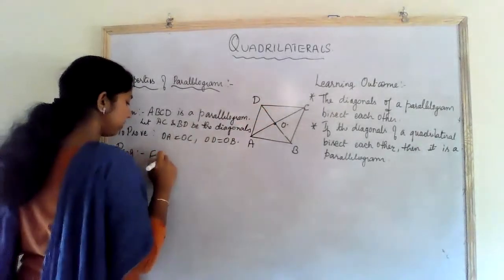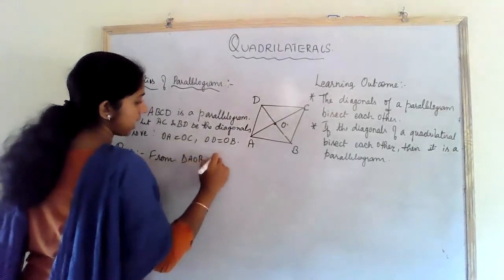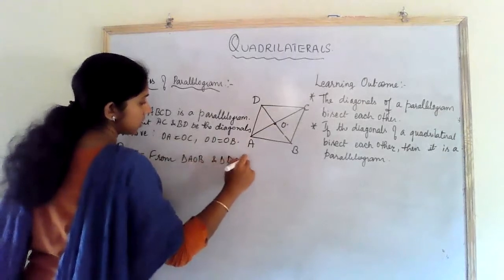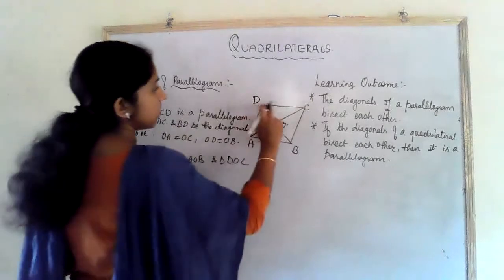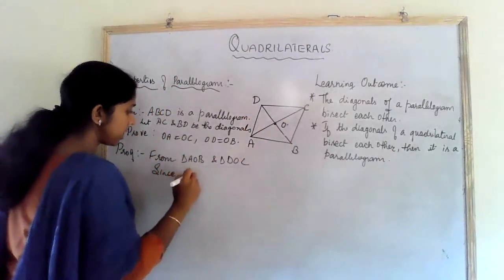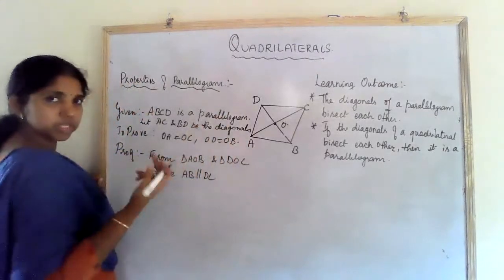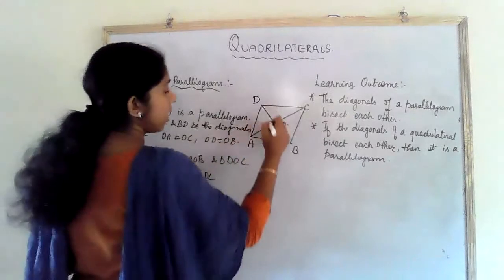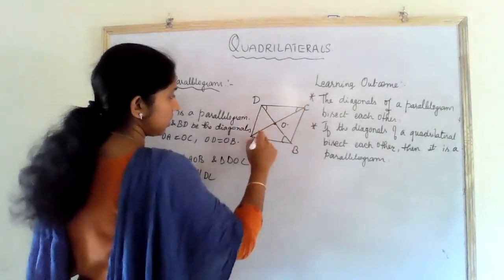From triangle AOB and triangle DOC, since AB is parallel to DC, as it's a parallelogram, opposite sides are parallel. So alternate interior angles are equal. This angle is equal to this angle, and this angle is equal to this angle.